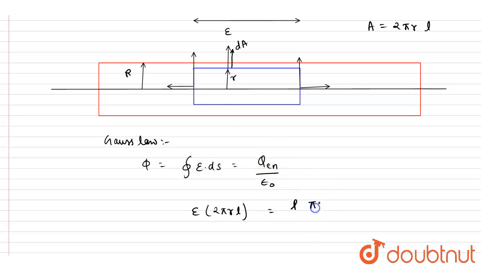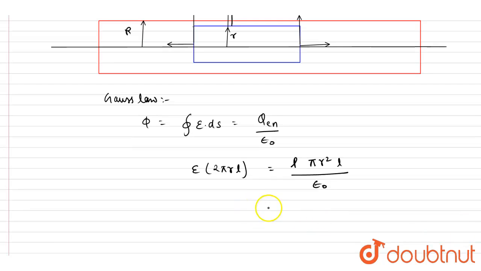So volume will be the same. If you see the cross section area, it will be pi r square into the length L. So this will be the final equation. You can cancel out this pi and L and L. You can see the relation between the E and the r.